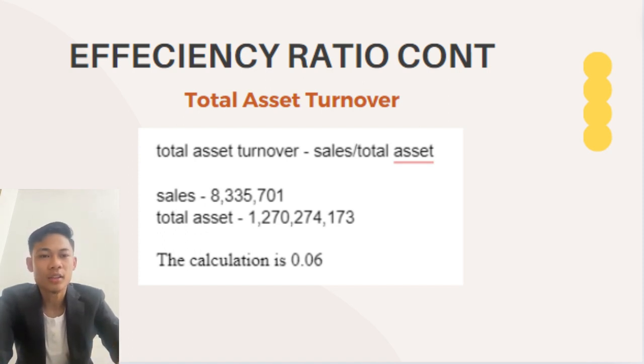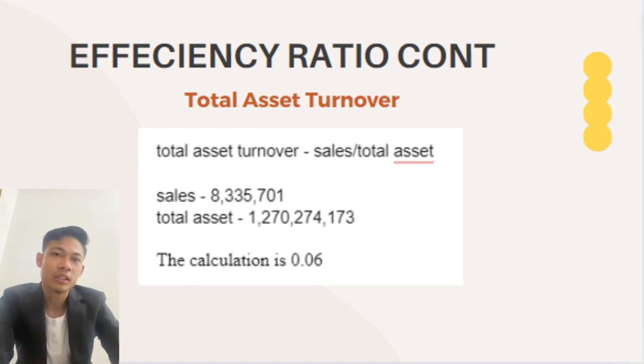A high ratio indicates effective asset use, leading to better operational efficiency and profitability, while a low ratio suggests inefficiencies. This ratio is important for benchmarking performance against industry peers, guiding investment decisions by indicating financial health, and helping management optimize asset utilization. It plays a critical role in assessing and improving a company's financial and operational effectiveness.